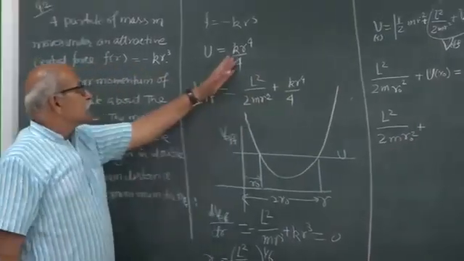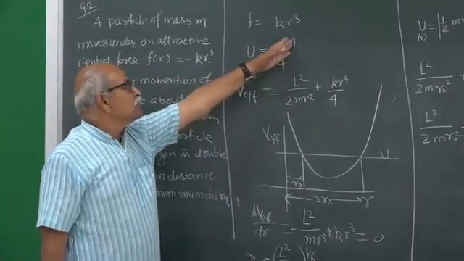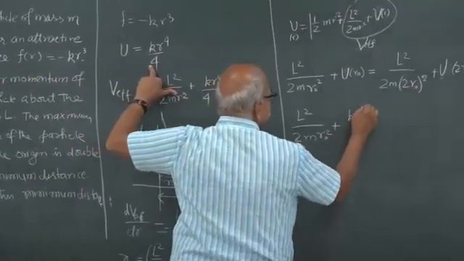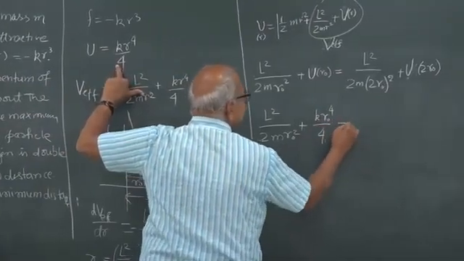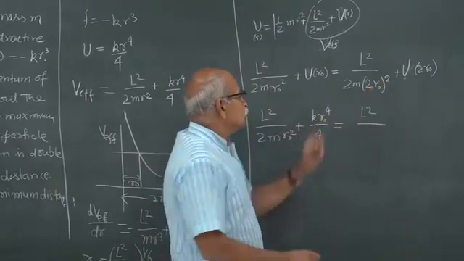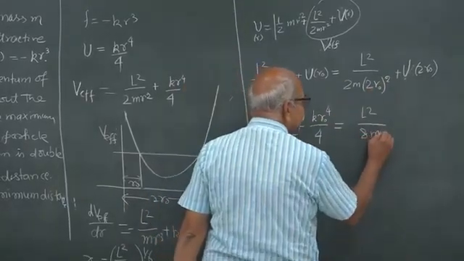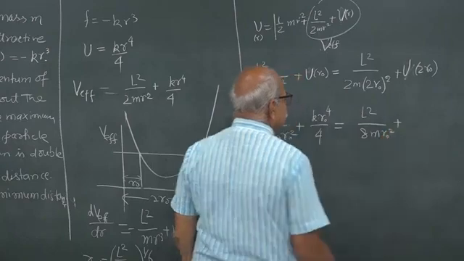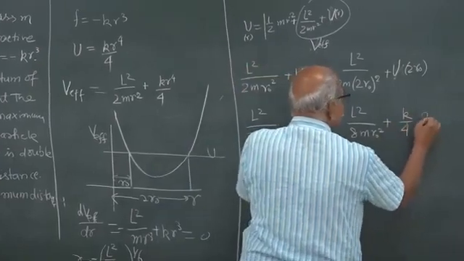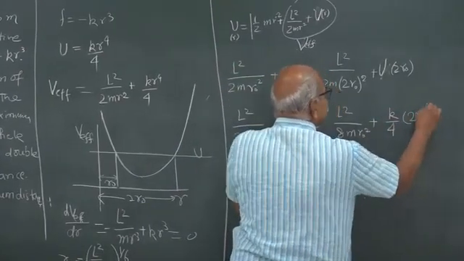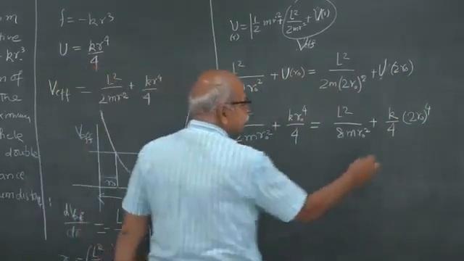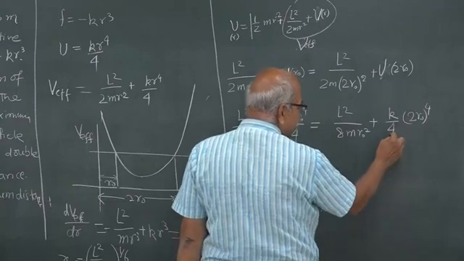What is u at r naught? It is k r naught to the power 4 divided by 4. So, k r naught to the power 4 by 4 plus L square divided by 2 m r naught square is equal to L square divided by 2 into 2 is 4, 4 into 2 is 8, so 8 m r naught square, plus k by 4 times (2 r naught) to the power 4, the potential energy at 2 r naught. So, 16 by 4 is 4.